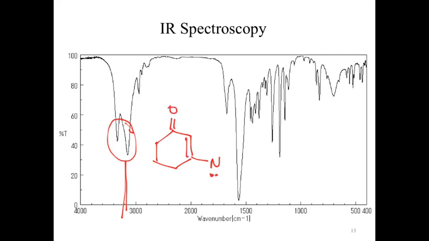Well, what can happen with the lone pair on that nitrogen? It can share electrons into the ring. What does that do to the electrons between the nitrogen and the hydrogen? It's ultimately going to weaken that bond, and it shifts to lower frequencies. So we've got a resonance effect to explain why the NH2 signal showed up much lower in the IR.